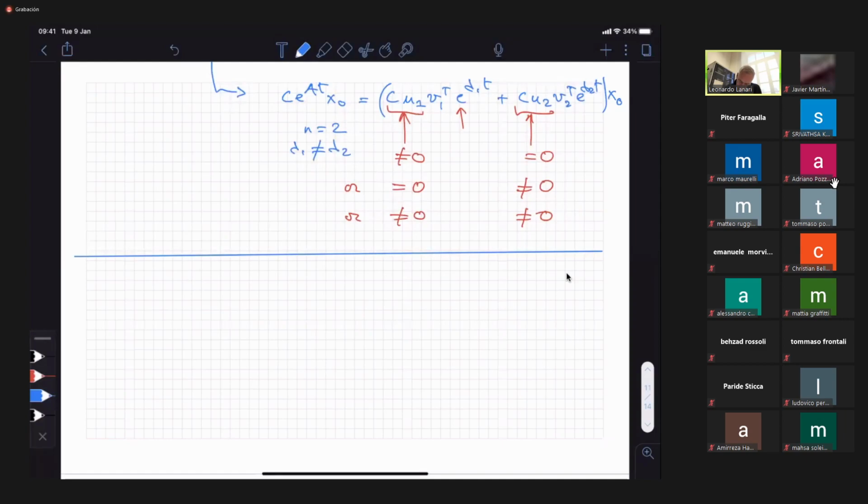Let's imagine we have this cart, and we have two pendulums, with masses M1, M2 and lengths L1, L2.